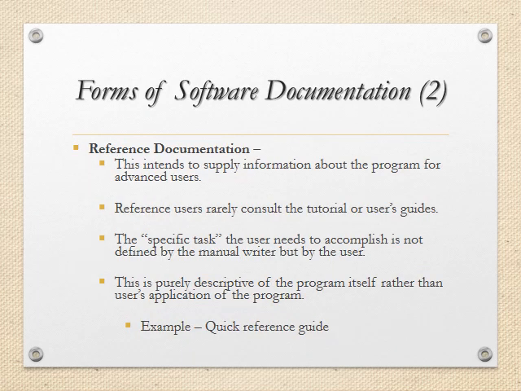The third type of documentation is reference documentation. This kind of document intends to supply information about the program for advanced users. Reference users rarely consult the tutorial or user guide. They ignore introductions.